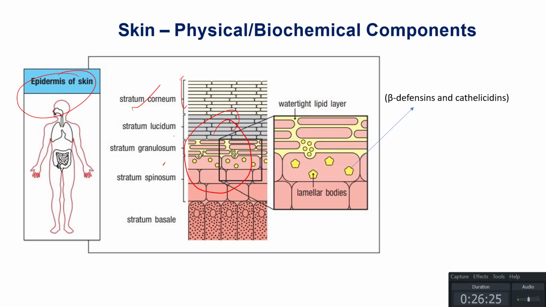There will be a watertight lipid layer that will not allow anything to cross, and even if something crosses here, there will be the lamellar bodies as well as the beta defensins in the stratum spinosum, so that will kill the pathogen or invaders.